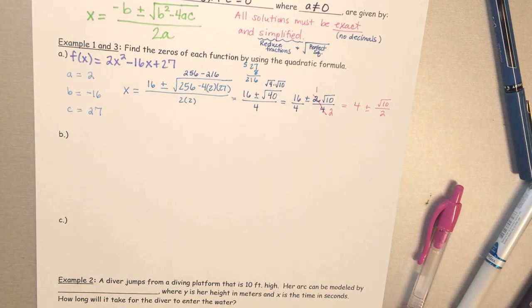Okay, and then this is the part where you're going to have to ask yourself, can I take root 10 and divide by 2? Okay, you cannot combine something that is inside a radical and outside of a radical. So you're going to have to leave it as root 10 over 2. It can't be root 5.